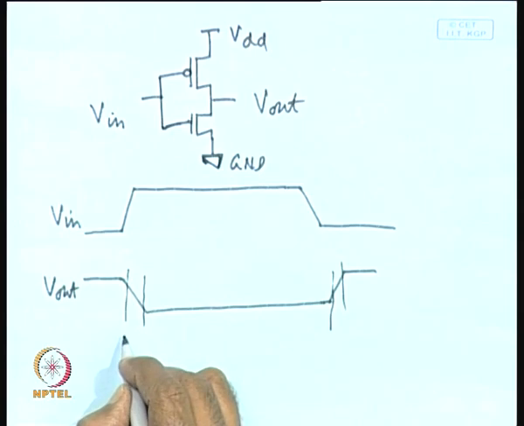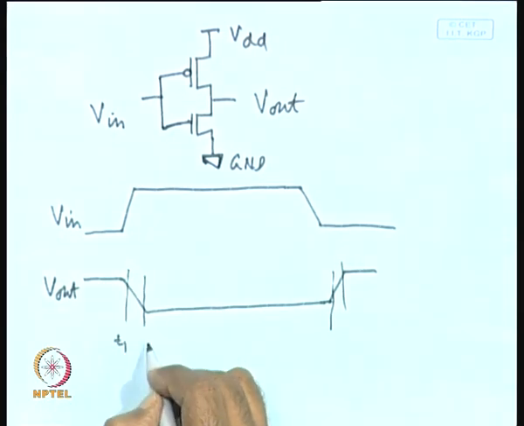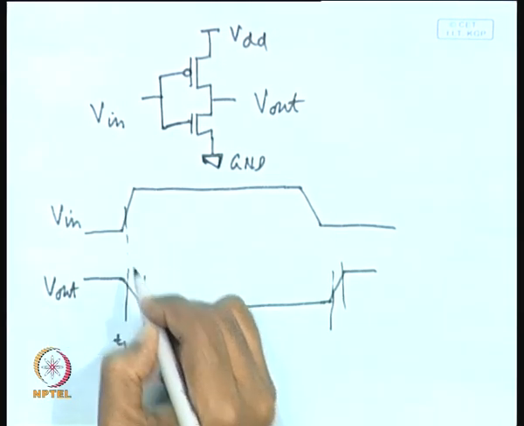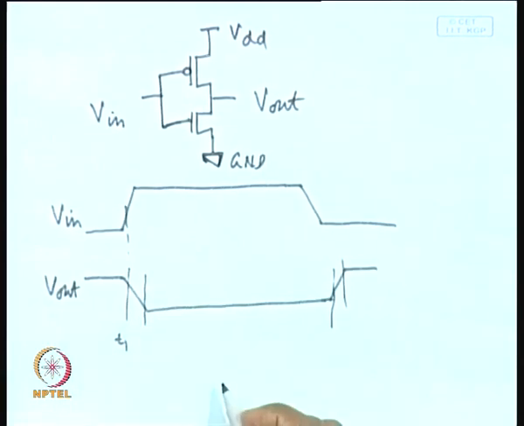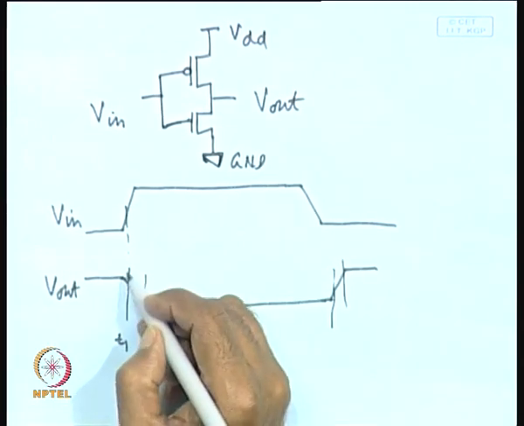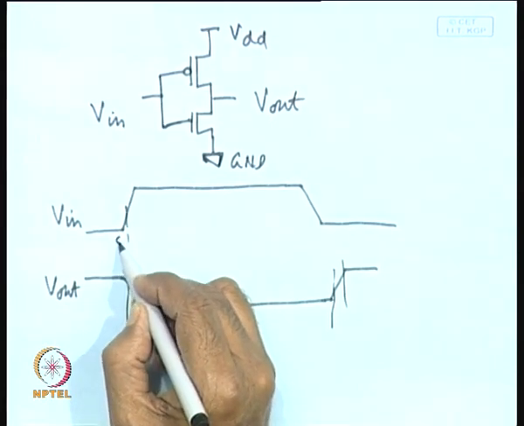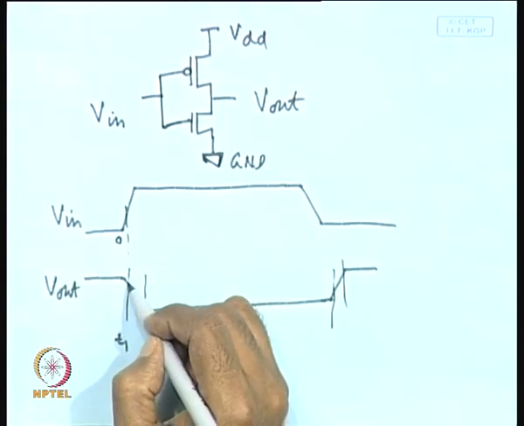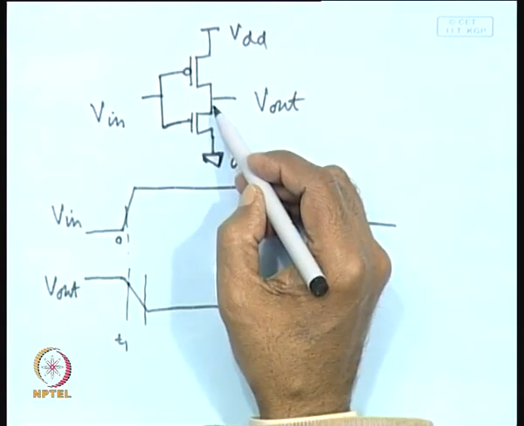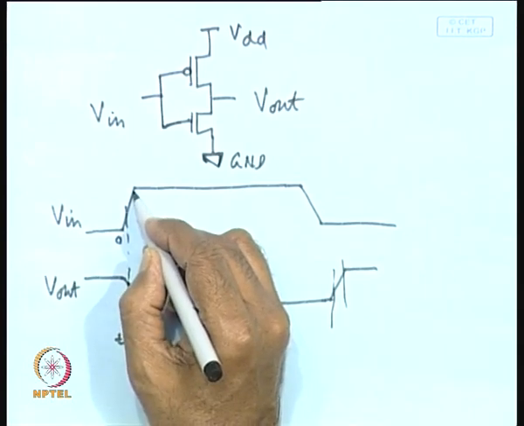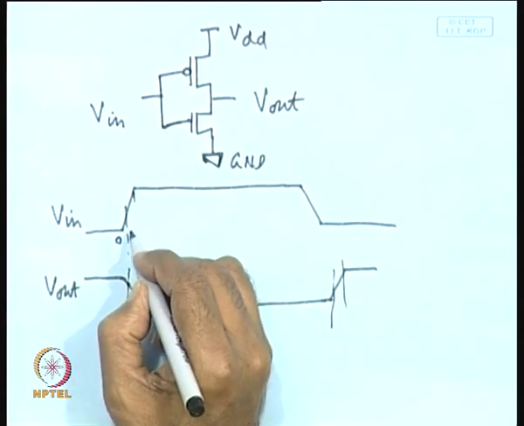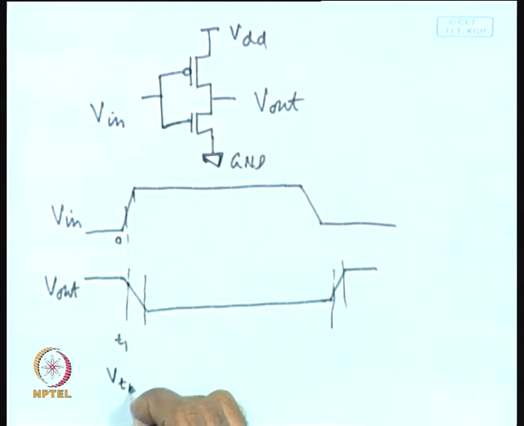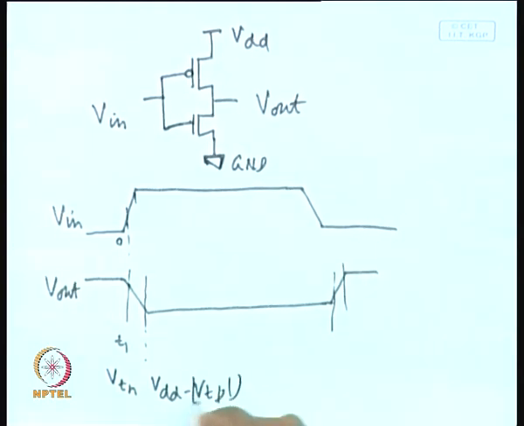This is the time t1 when the input is reaching Vtn, that means the input is going from 0 to Vtn. Then the short circuit is getting established, and it will continue until this point, corresponding to Vdd minus the absolute value of Vtp.